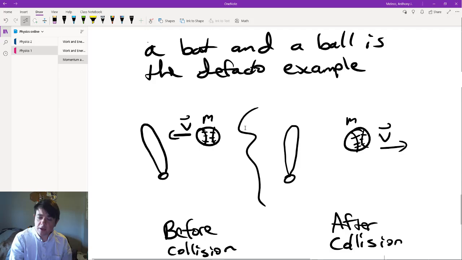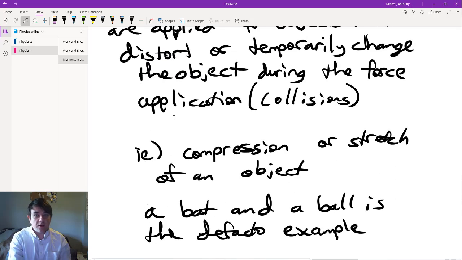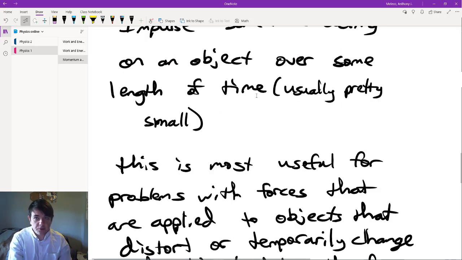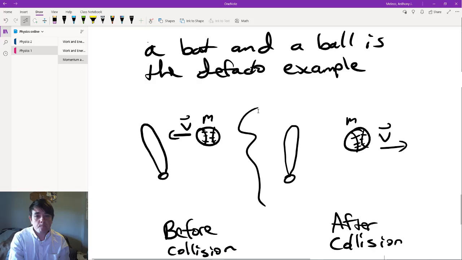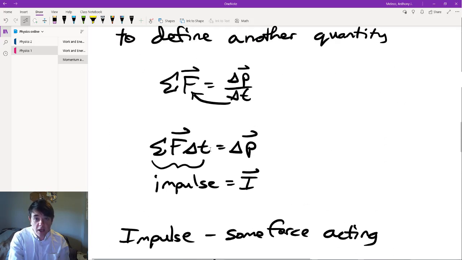If you were trying to figure out how the ball will move after the collision, due to what's going on during that short time frame, that's why a bat hitting a ball is the best example. It's a very small time frame that the impulse is applied.